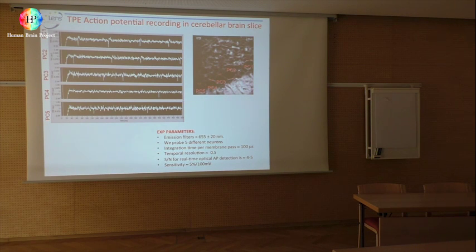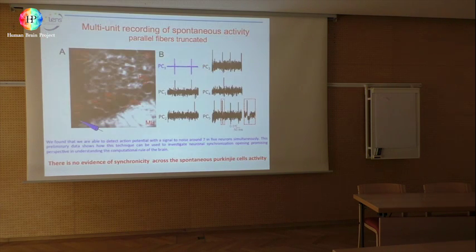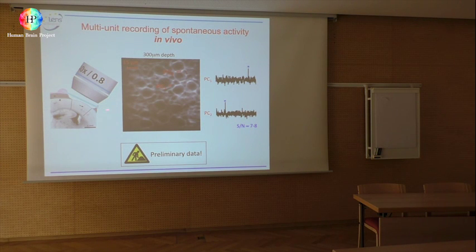Okay, so we no longer have the problem of averaging the signal. And this is again just to show you the signal to noise is so good that you can also go under pressure phenomenon, for example. And then you can go in vivo.